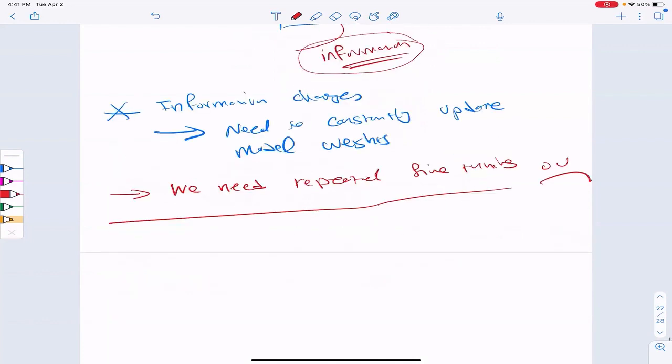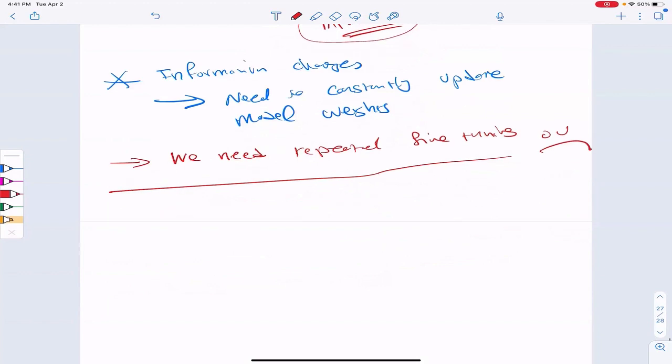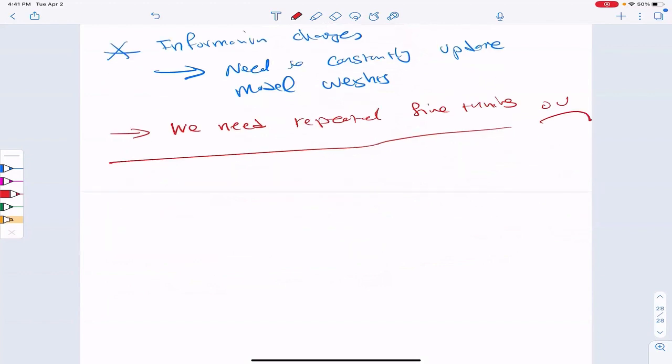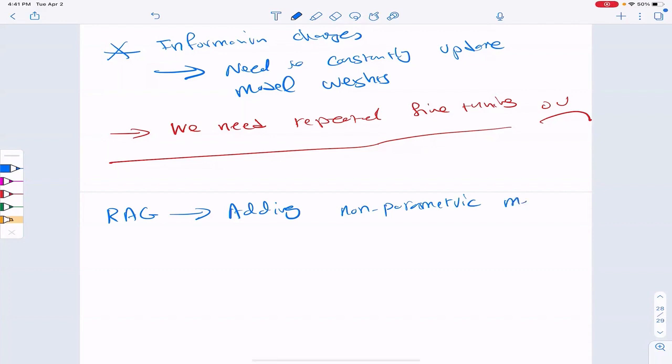So RAG is a way to deal with this problem by adding some quote-unquote non-parametric memory to a pre-trained LLM. I'll explain where this terminology comes from.